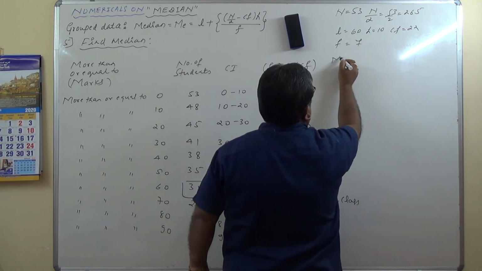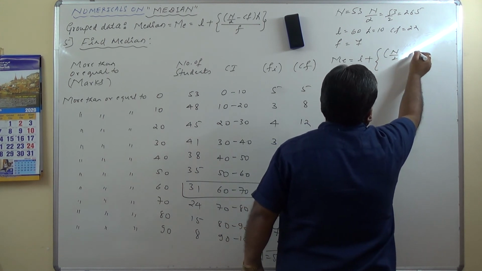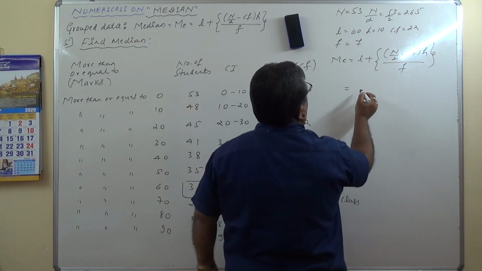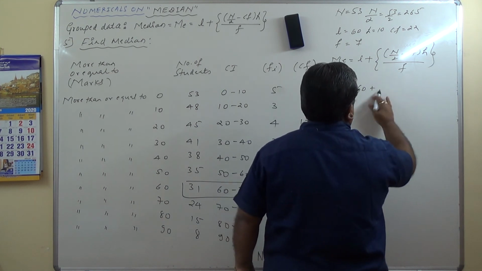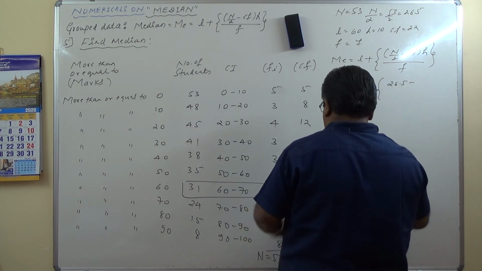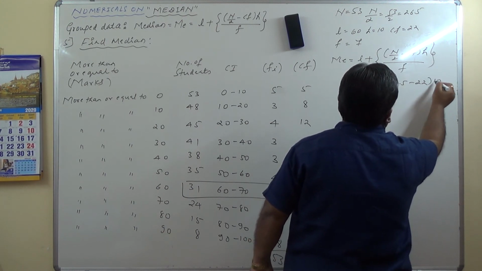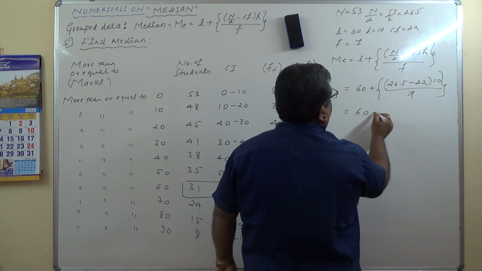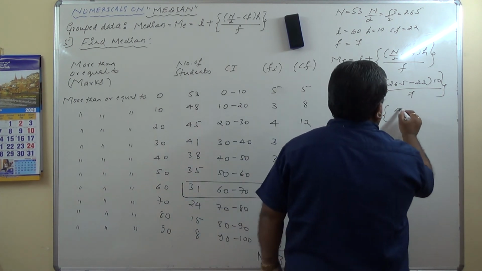Okay, formula: median equals L plus, into bracket, n by 2 minus CF, into H divided by F. So L is 60 plus, into bracket, n by 2, 26.5, minus CF, which is 22, into H, 10, divided by frequency 7, which is equal to 60 plus 26.5 minus 22, 4.5.